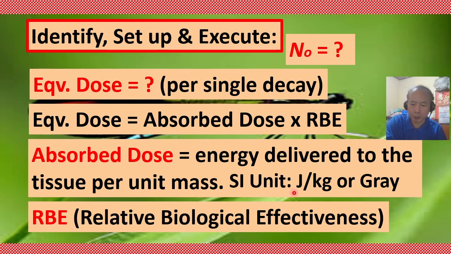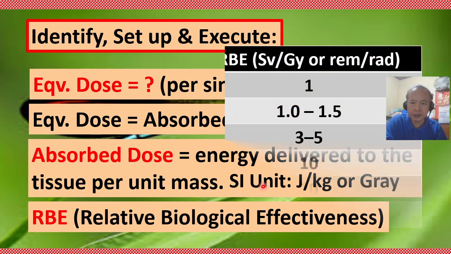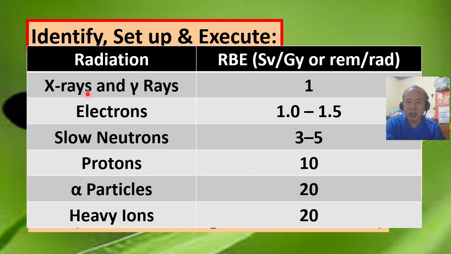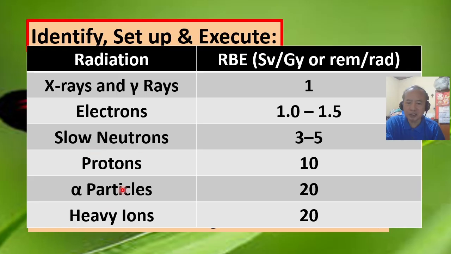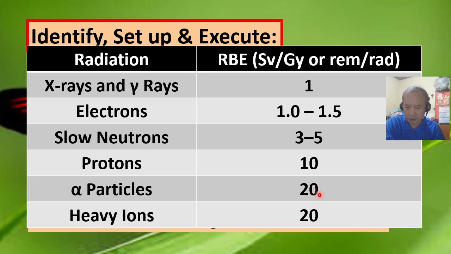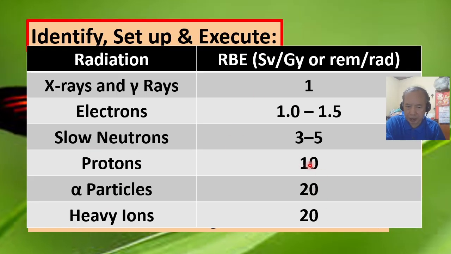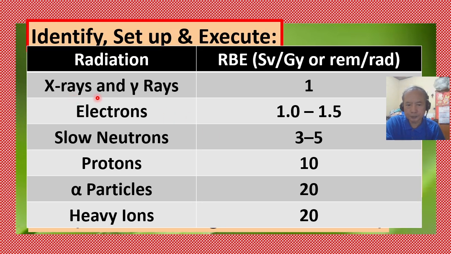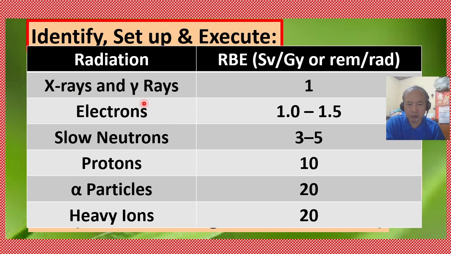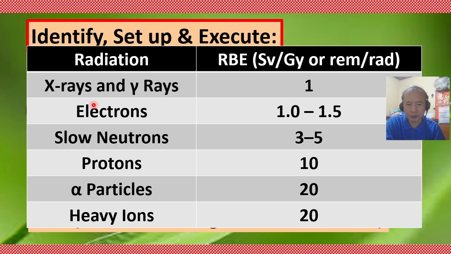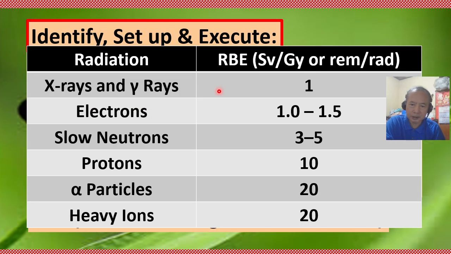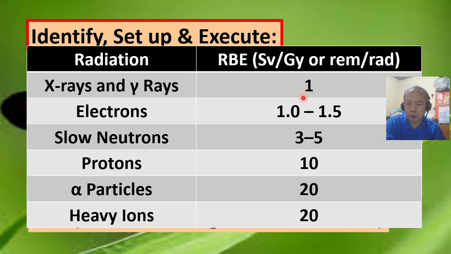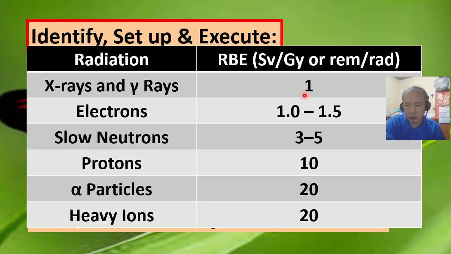So for example, as given in this table, different types of radiation have different values for RBE. For example, if the source of radiation is X-ray or gamma rays, its RBE is equal to unity or 1.